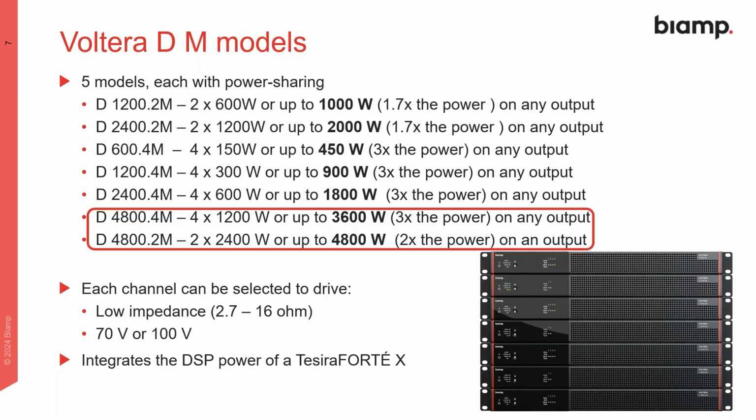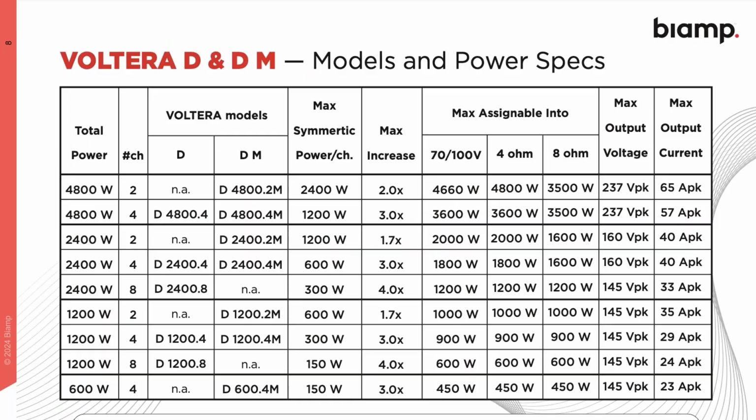I put the slide in here, just a little bit easier to read, models and specs from smallest to largest, going from bottom to top. We're noting the D models, which is what we're controlling with the VenueTune software, showing the out of the box symmetrical power of these systems.